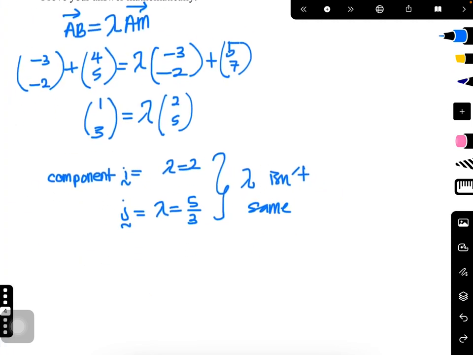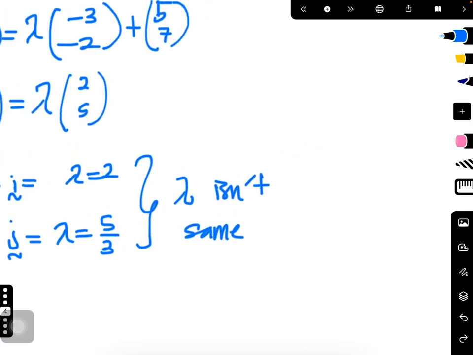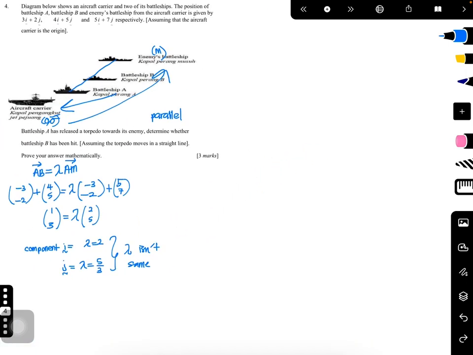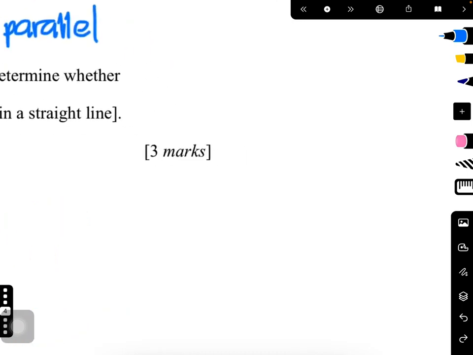This means that battleship A, battleship B, and the enemy battleship are not collinear.